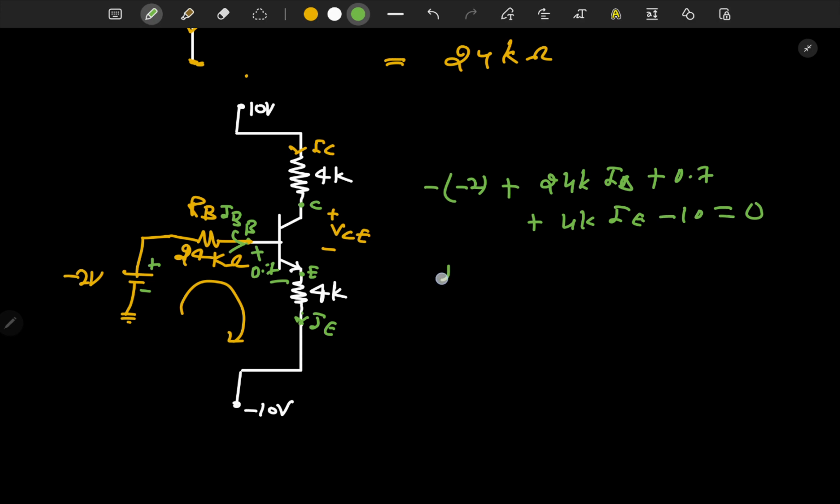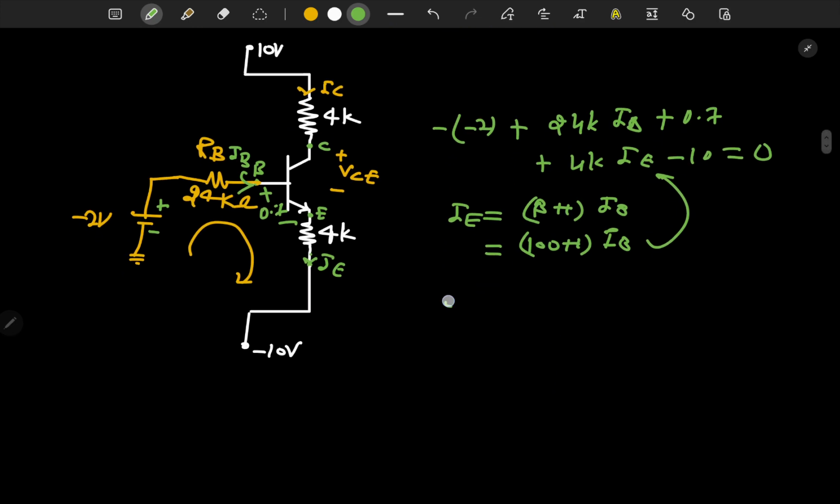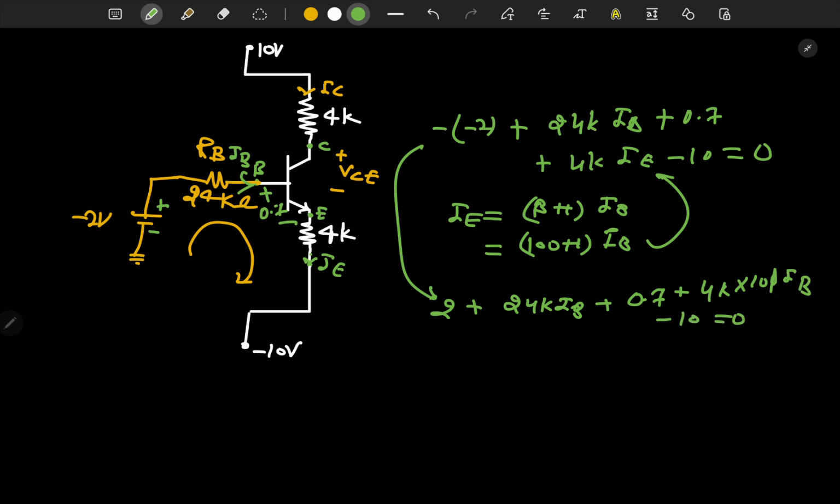Now, as we know IE is beta plus 1 times IB, and beta is 100, so IE is 101 IB. Putting this in: 2 plus 24k IB plus 0.7 plus 4k into 101 IB minus 10 equals 0.